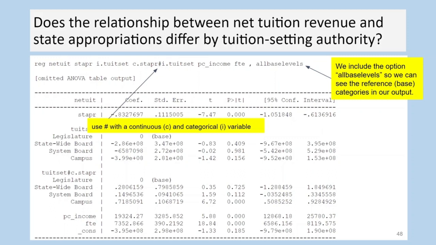Yeah, but remember, this is a direct effect. And some may argue, well, you're still missing something if you're only looking at one without the other, right? So if you look at just this, and then just that, you might say, oh, well, campus doesn't really make a difference. Net tuition revenue is still the same, whether or not you're a campus tuition setting authority.